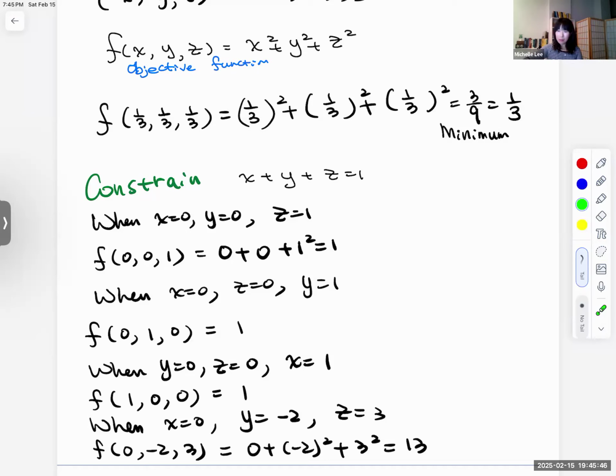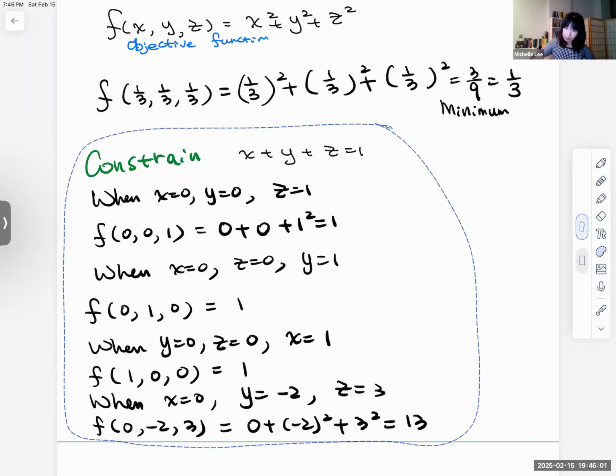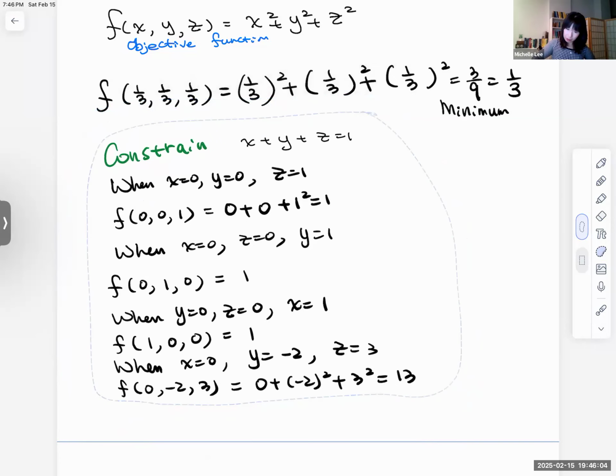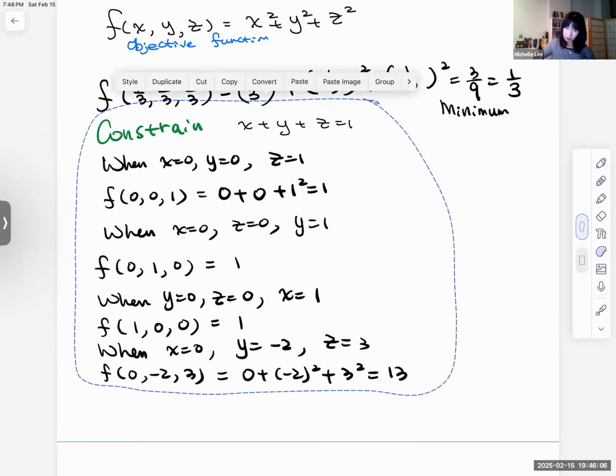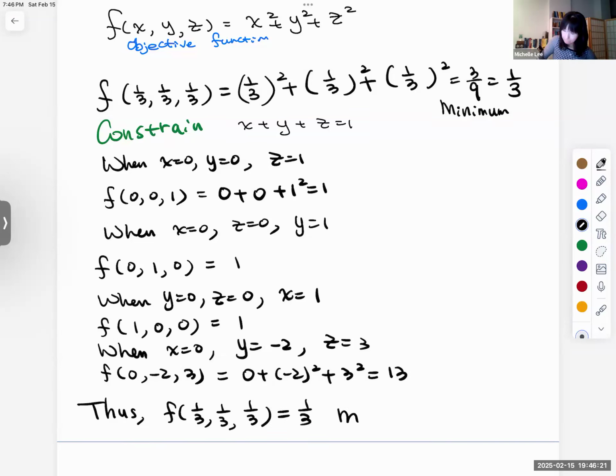Can you see that every number is bigger than 1/3? So we can say this is a minimum. Thus, f of (1/3, 1/3, 1/3) equals 1/3, the minimum.